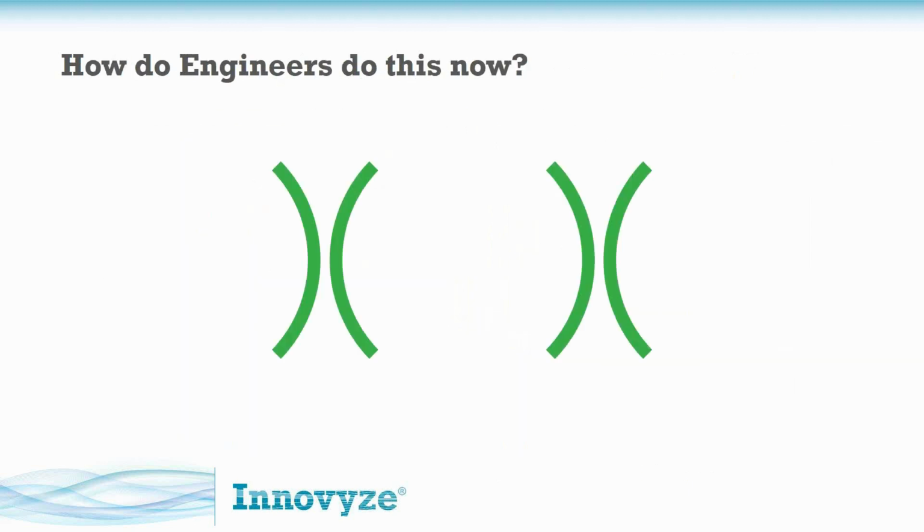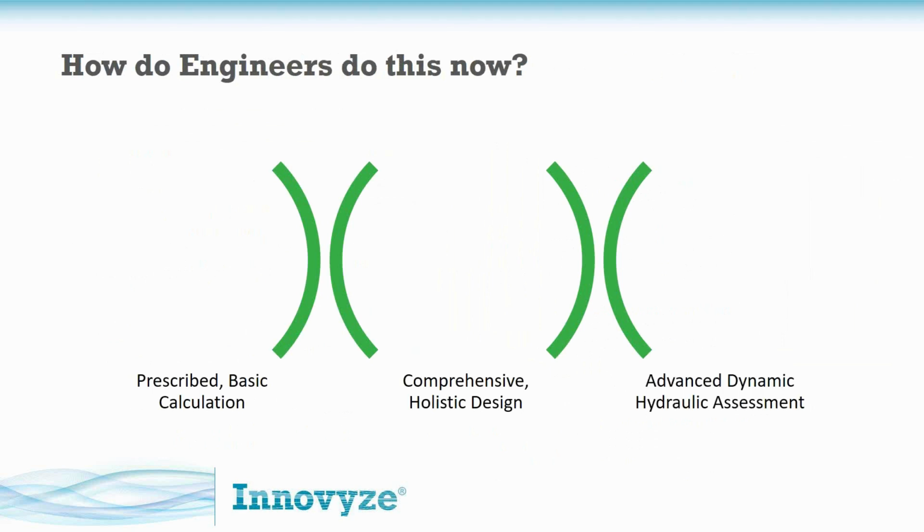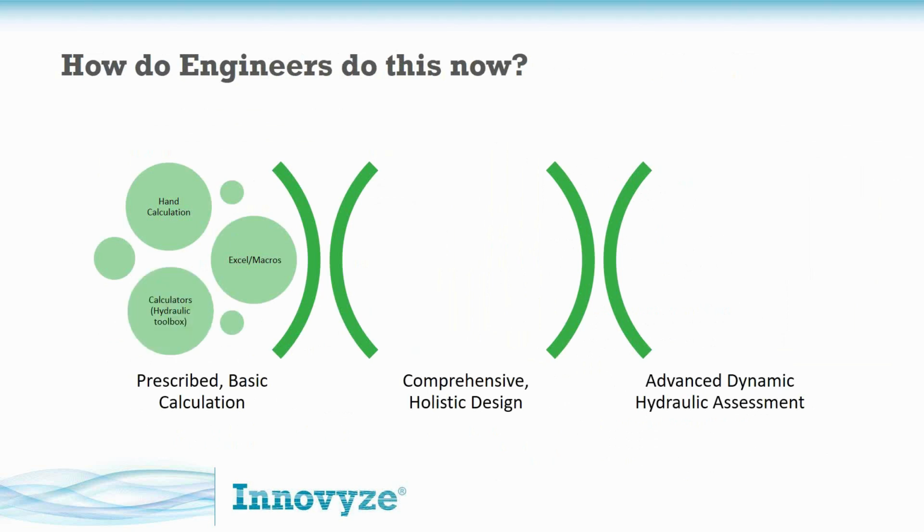So how do engineers do this now? I'm going to lump this into three categories. There's the prescribed method we just looked at. On the left side, starting with the hand calculations themselves, working through step by step, as is outlined in the HEC 22 manual. Well, maybe someone hired a grad student and they built up an Excel file to help with some of those hand calculations. Okay, great.